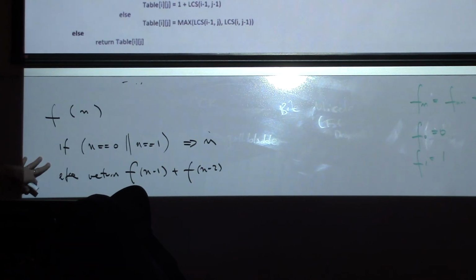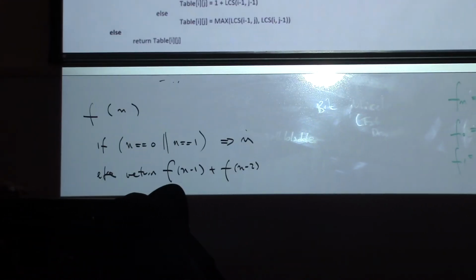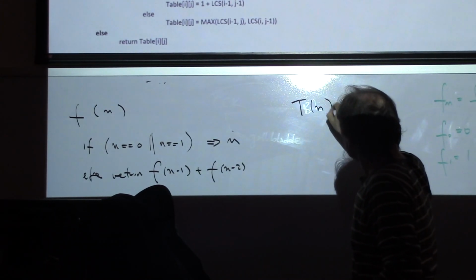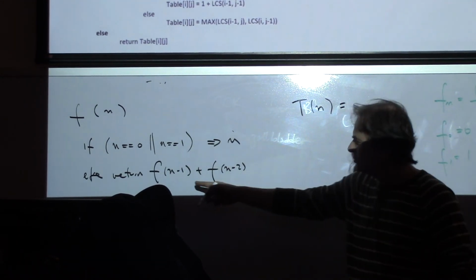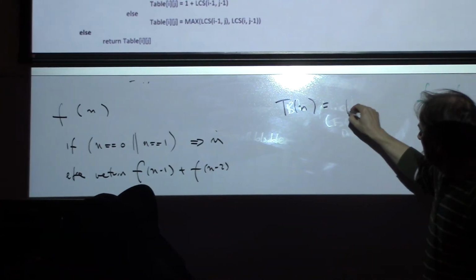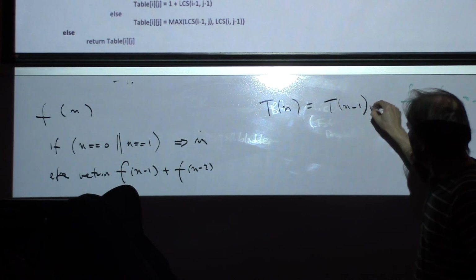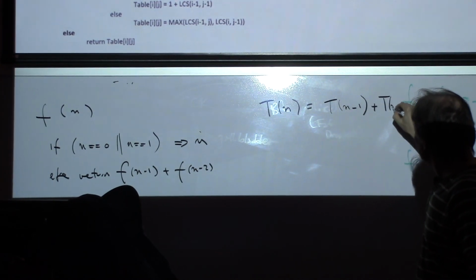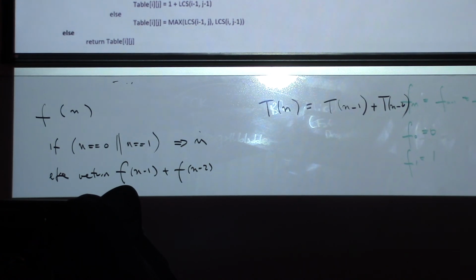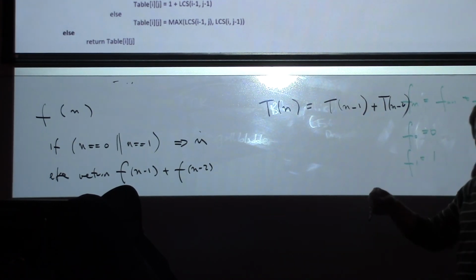Now we can analyze this algorithm. So T of n, the recurrence only, is going to equal T of n minus 1 plus T of n minus 2. We're going to have to add those two recurrences together. Now, we're going to do repeated substitution.